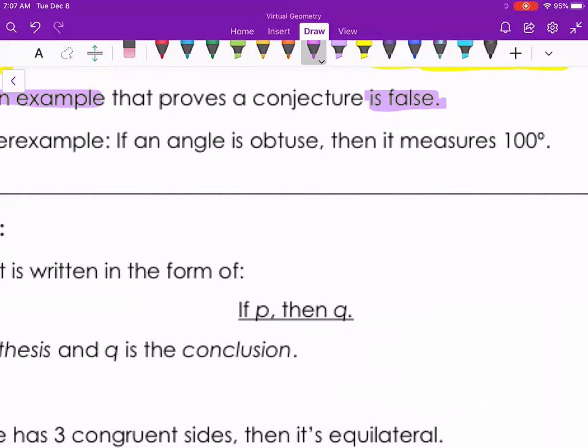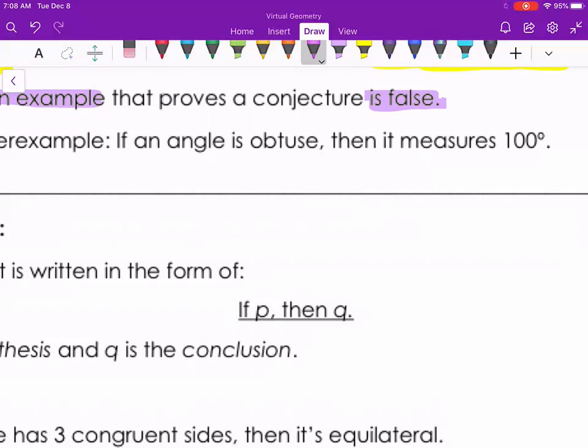Now remember, for a statement to be true, it must be true 100% of the time, every single time the statement is made. So for this example, start at the beginning. Angle is obtuse. Well, that's any angle measure bigger than 90 degrees, but less than 180. The clue here is it's any number that fits that definition. So read it as if an angle is obtuse, then it only measures 100 degrees.